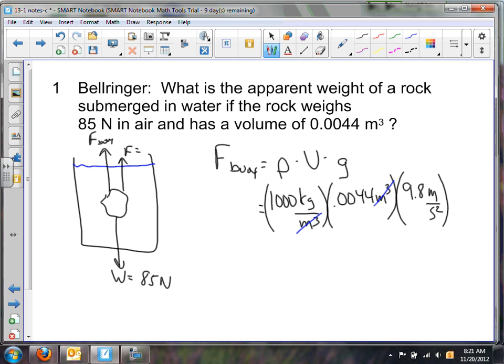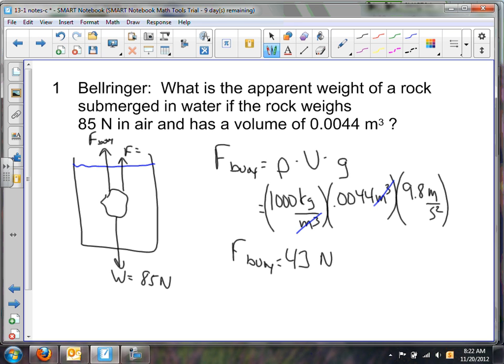So we're left with, when you multiply all this, units of kilogram meters per second squared, which is a unit of force, a newton. So 1,000 times 0.0044 times 9.8 would give me a buoyant force of 43 newtons.